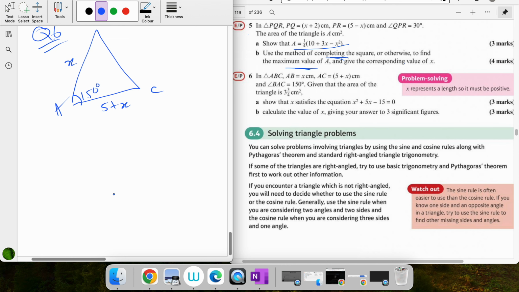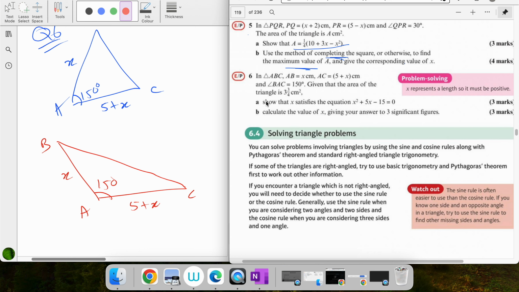Now that I have seen it, if it is 150, a good sketch makes a better understanding. So ABC is obtuse, and we know that at 150 or 30, it will give the same answer as sine theta is equal to sine 180 minus theta. So given that the area of the triangle is 3 by 4, show that x satisfies this equation.